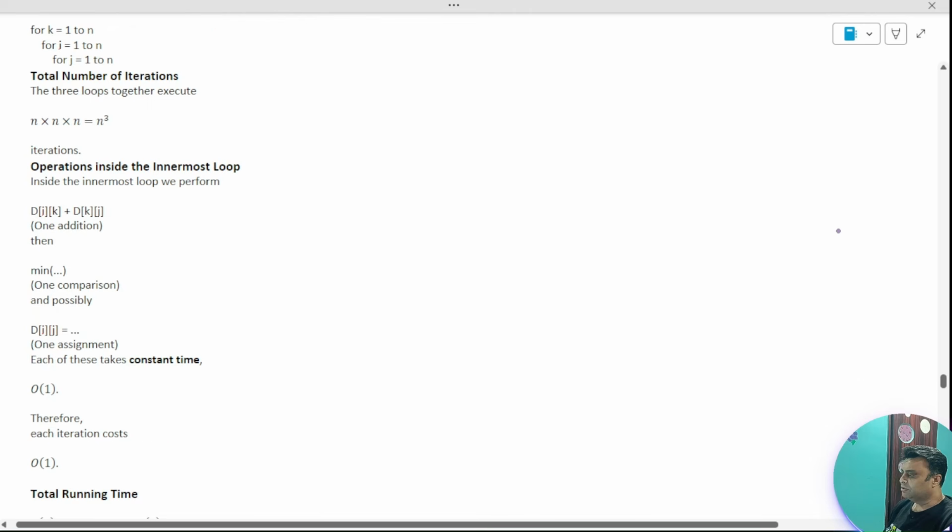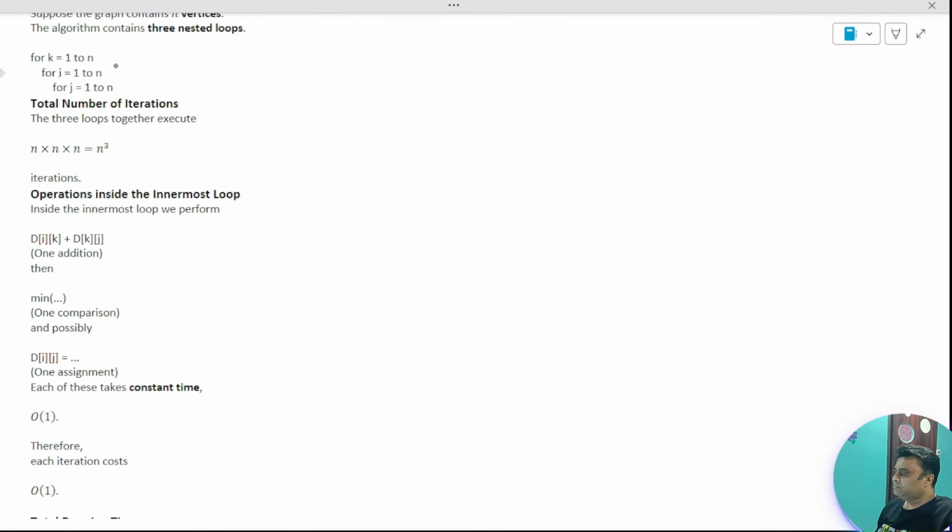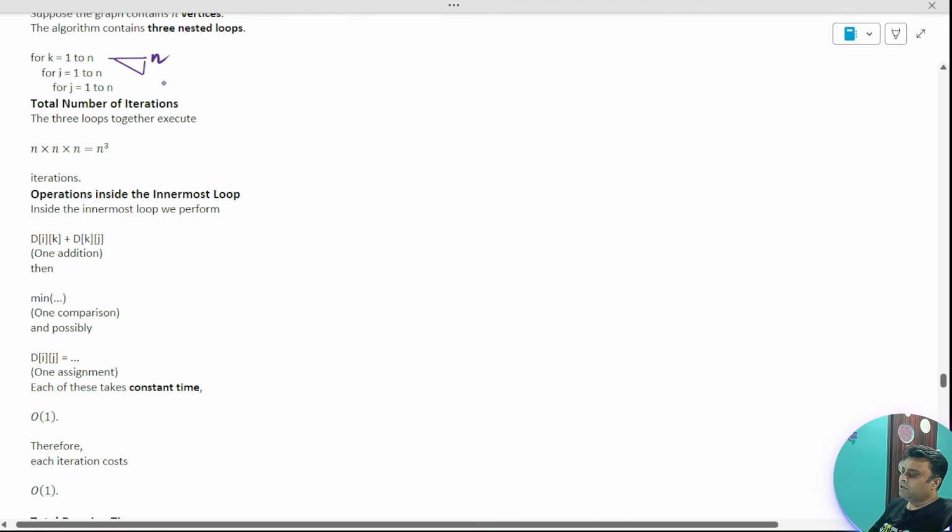Okay, so we were here. This will be order of n. Everything inside, because of the outer loop, will be an order of n. As you can see, there are 3 for loops.